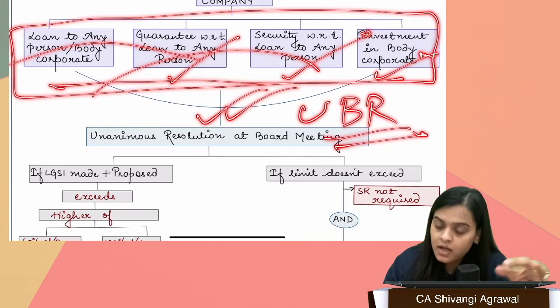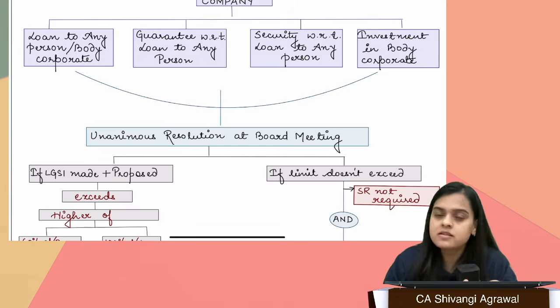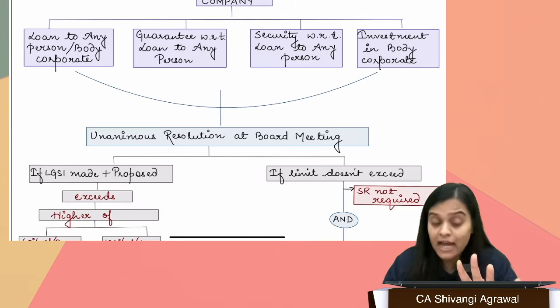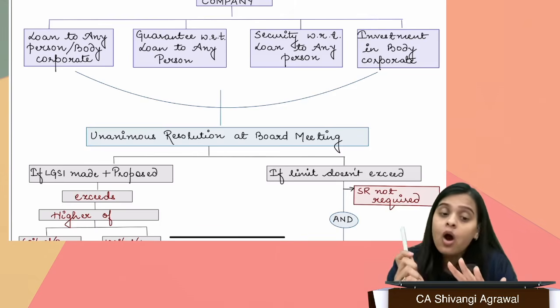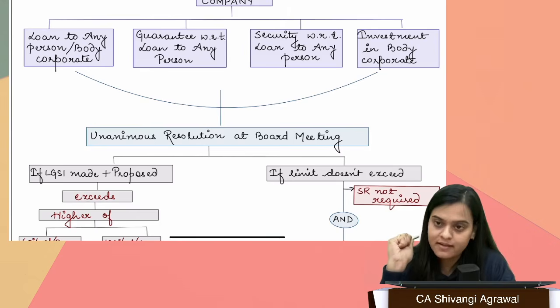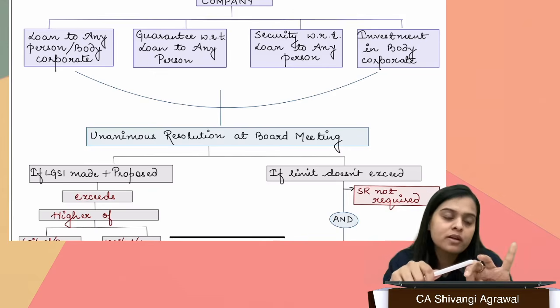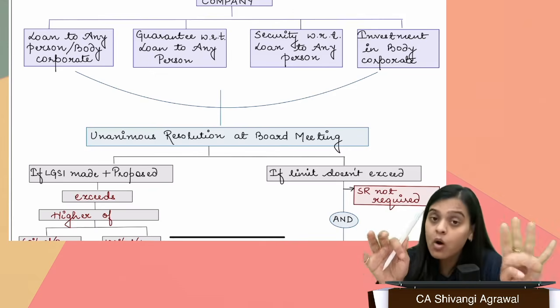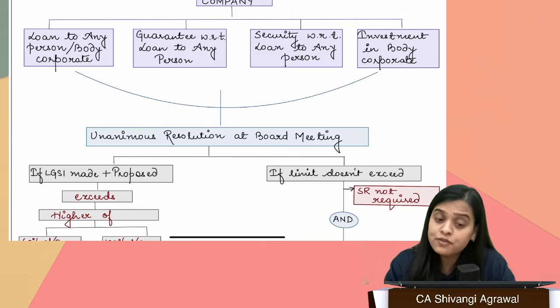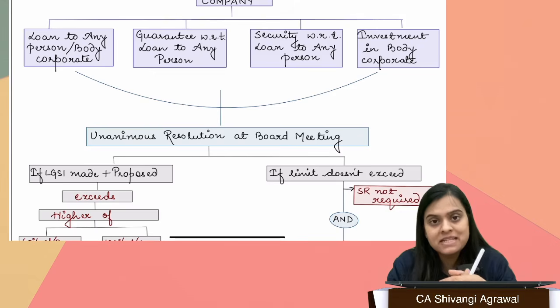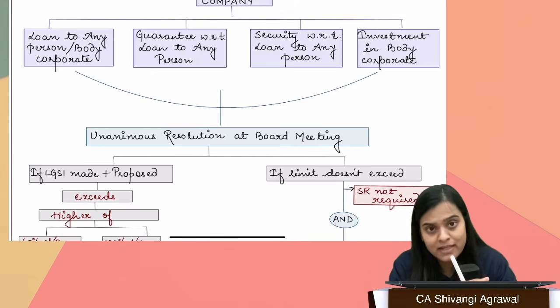UBR means if there are 5 directors in the company and 4 directors attend the meeting, all 4 have to give consent. It cannot so happen that one is not voting, maybe two have voted in favor. No, all four. So consent of all the directors present in the meeting is called UBR, unanimous board resolution. That's needed.